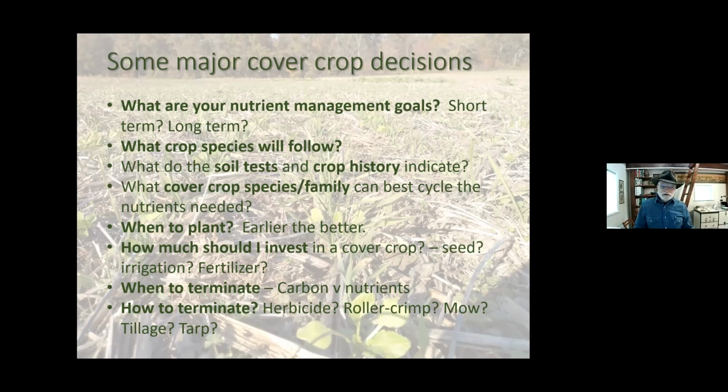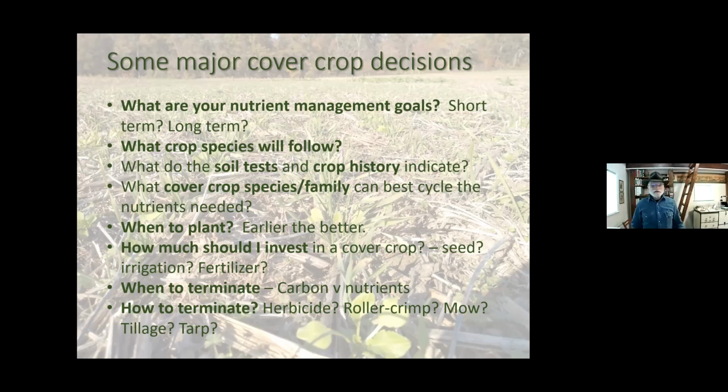And then we should have a look at our soil test history and our cropping history and any tissue tests that we have, so we can identify if there are particular issues in the field, like there may have been history of boron deficiency in the field or sulfur or potassium needs and that kind of thing, all of which cover crops have the potential to help us with. I'm going to present information about cover crop species and families today so that we can actually choose our cover crops with these goals in mind.